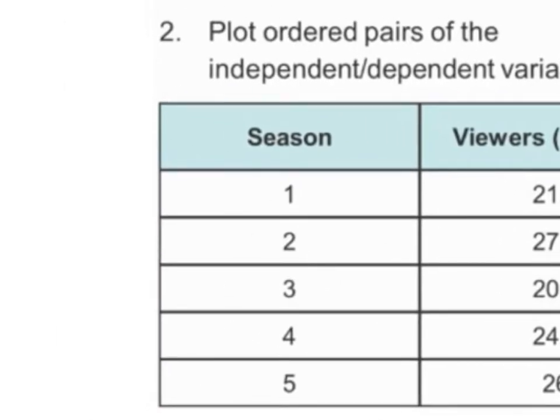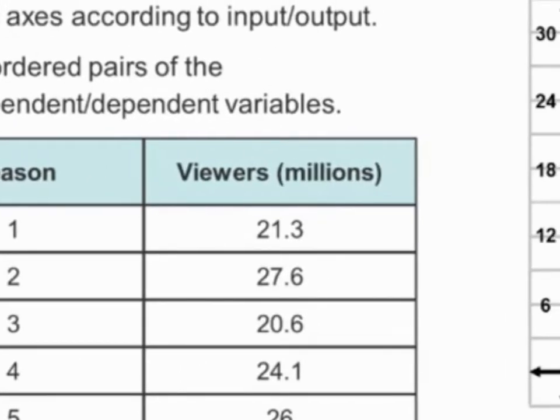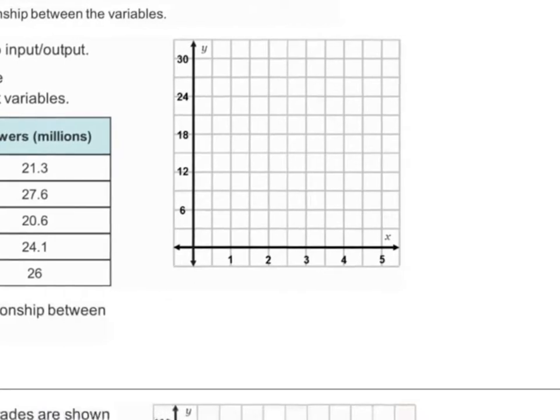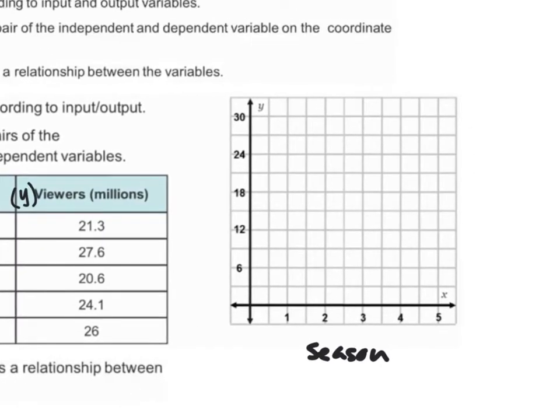Okay, so here's what I've got. Season, that's going to be our X value. Okay, label of our X-axis. And then viewers in millions is going to be Y. Okay, now over here, what I want to do is I want to label my axes. Okay, so this is going to be the season, and this is going to be the viewers.